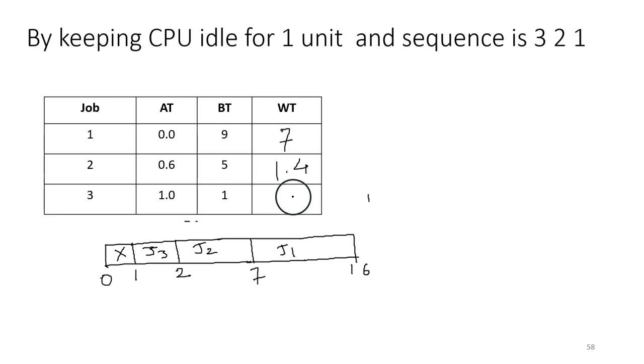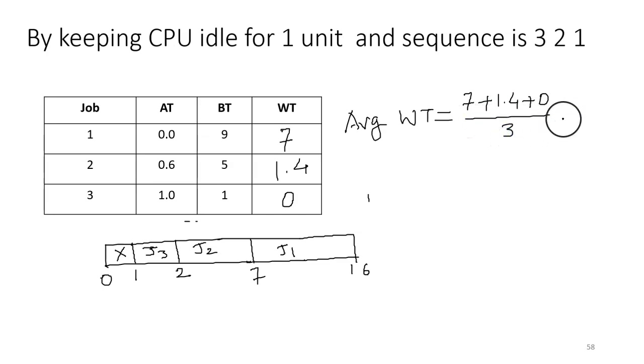And job 3 arrived at 1 and at the same time it got CPU, so waiting time is 0. Average waiting time equals 7 plus 1.4 plus 0 divided by 3 equals 2.8.